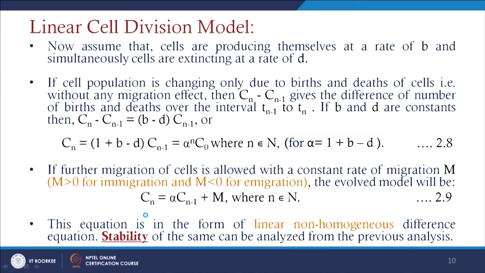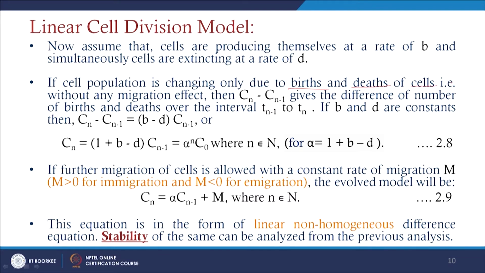Now in this model, assume that cells are producing themselves at a rate of b, and simultaneously cells are going extinct at a rate of d, so the cell population is changing only due to births and deaths, without any migration effect.